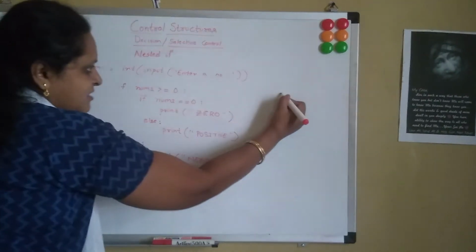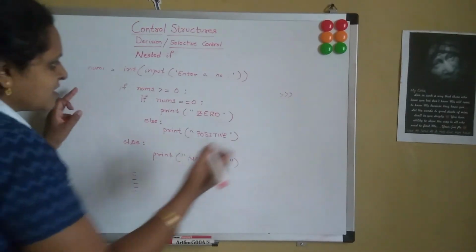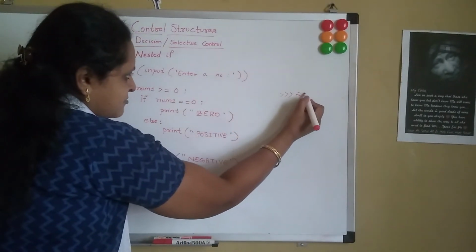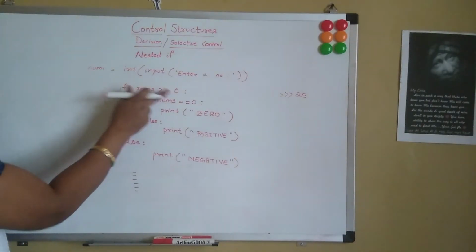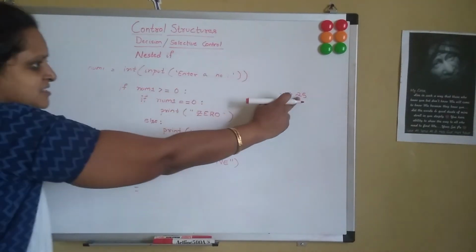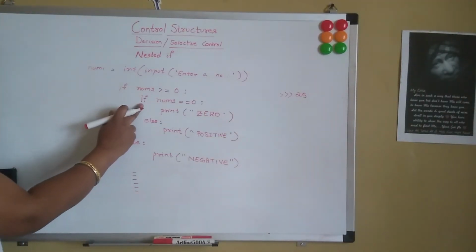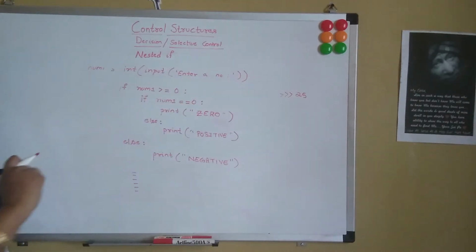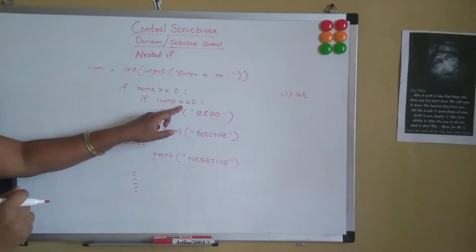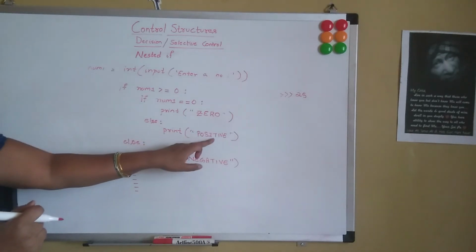So now at the IDE or any IDE at the shell, if the user enters 25, it checks if num1 is greater than 0. Num1 is greater than 0 as it is 25. So it enters the second if. In the second if, it checks if num1 equal to 0. Since this condition fails, it comes to the else part and it prints positive.